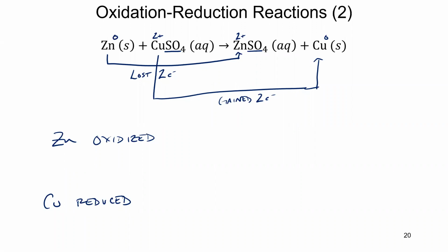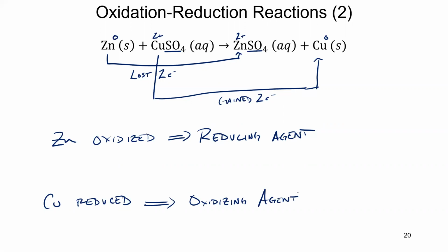And so the agent of that reduction, the thing that caused that reduction to occur, is the zinc. And so we call zinc a reducing agent. And vice versa, copper is our oxidizing agent.